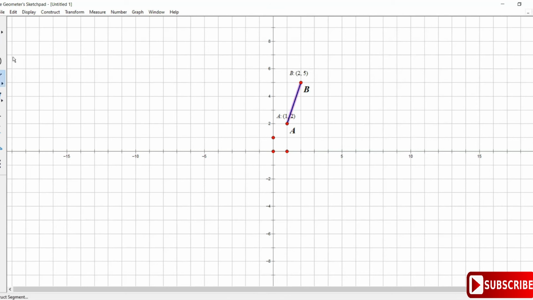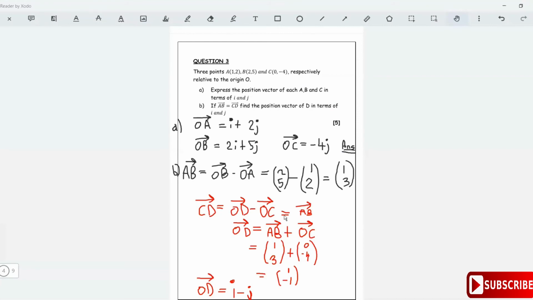And then what else do we know? We know C is the point 0, minus 4. 0 is right here, minus 4 is down here. And then next thing we need is D. We found that D is 1, minus 1. Let's check that out.